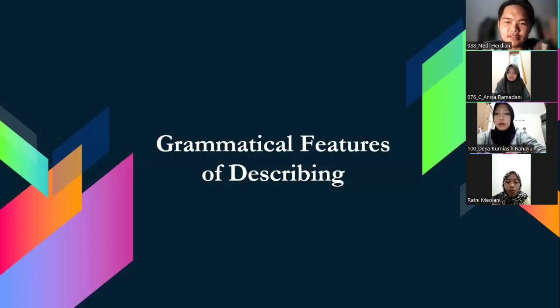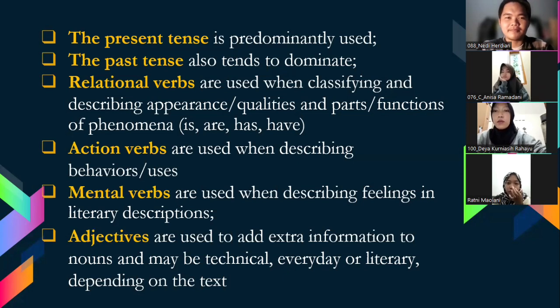Okay, the next material is the grammatical features of describing. For Dea, please. Number one is the present tense, which is predominantly used, and number two is the past tense also tends to dominate.